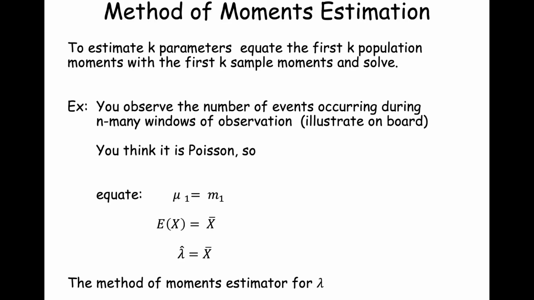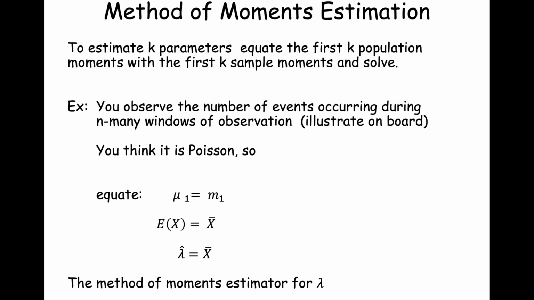So why don't we continue? When we last left off, we talked about method of moments estimation, and we used the example of the Poisson distribution, and we said you equate the first population moment for the Poisson with the first sample moment for the Poisson distribution.